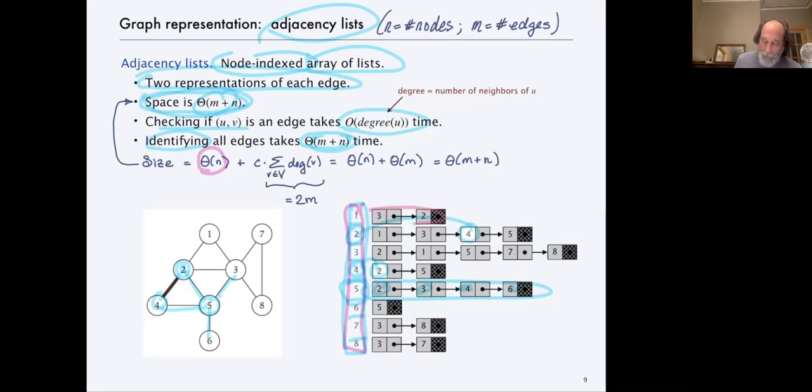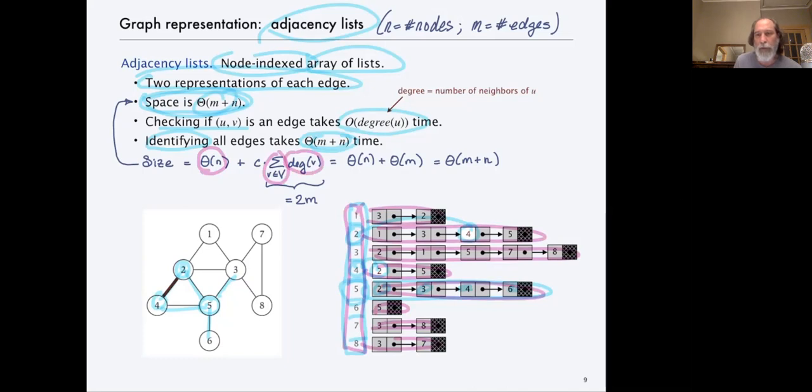And then for the lists, we need the sum of the length of all the lists. And what is that? That's the sum over all vertices of the degree of the vertex, right? The number of neighbors it has.